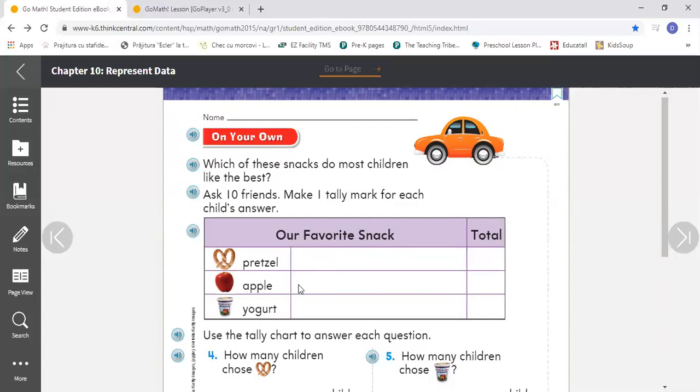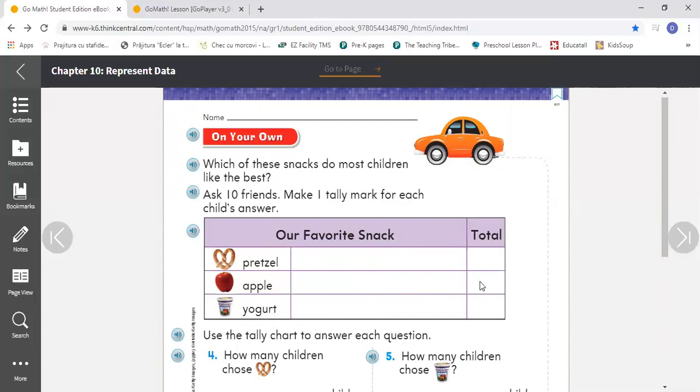For example, Noura, Sarah, Yara, Taleb, and Khalifa. There are 5 children. I will draw 1, 2, 3, 4, and I will cut the 5th one. And I will write here 5. So I have 3 and 5.